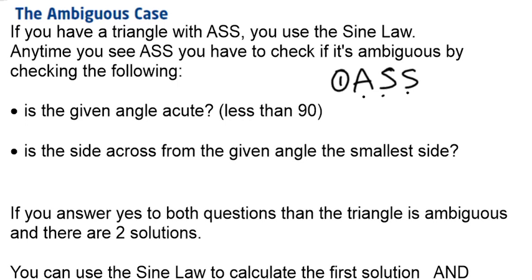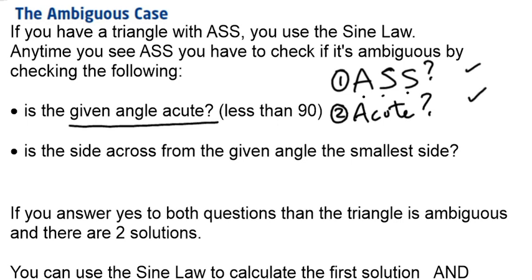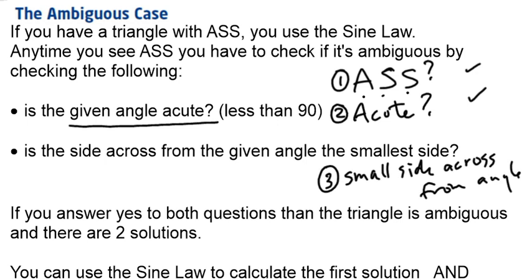The second key part is: is the given angle acute? Is it an angle side side? Is it an acute angle? If those two are yes, we go to the third. The third piece is the small side across from the angle that's given.